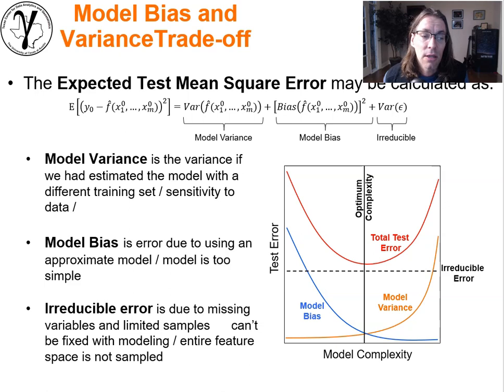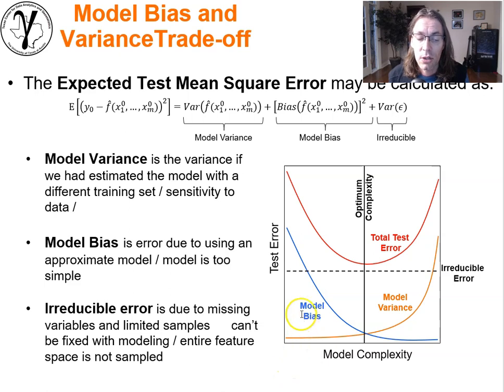Now, let's remind ourselves of this idea here, that if we take that quadratic, that expectation of the testing error, and we expand it out, we've got 3 components that are additive: model variance, model bias, and irreducible error. Now, we've covered this a bunch of times, but just to remind ourselves, the variance-bias trade-off relates to this fundamental idea: low complexity models to high complexity models.